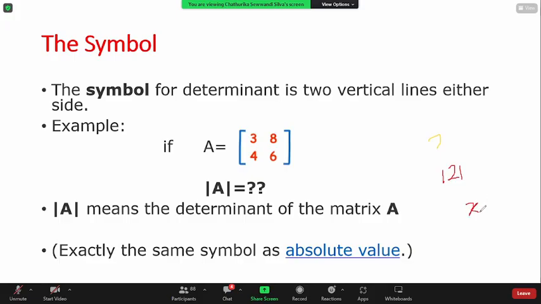So for any particular variable or a simple linear term, we can just put it like this. In some calculations, you may have found this. Here we are considering finding the absolute value. So the symbol is exactly like this. For the determinant also, we are using the exact symbol, but the meaning is different, right?